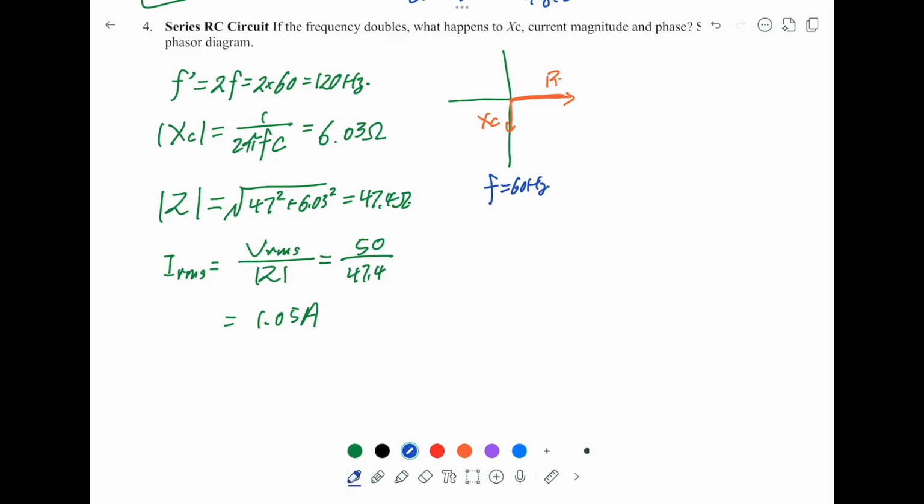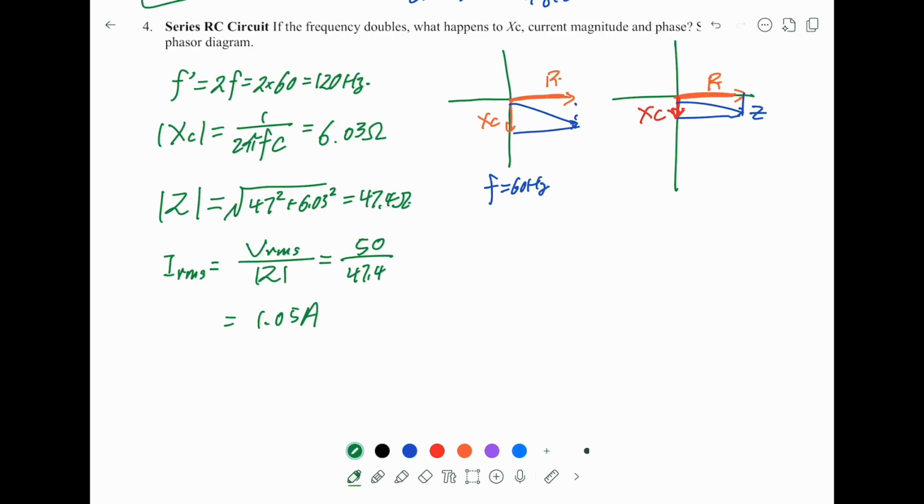Now if the frequency doubles, R won't change, but XC will reduce by half. So this is the new XC, and therefore Z also changes, both the amplitude and the angle as well. Let's calculate the angle.